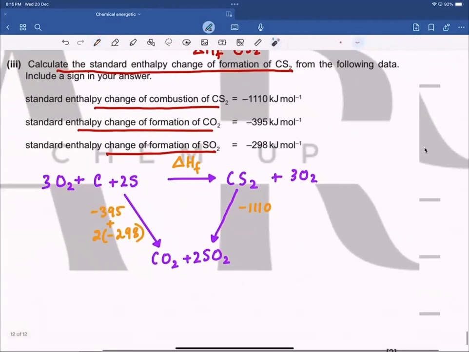The left one, very good, Amna. From these elements to carbon dioxide and sulfur dioxide is the direct route, and in the indirect route, they first turn into CS2 and then CS2 turns into carbon dioxide and sulfur dioxide. So this is the direct route and this is the indirect route. Is it clear now? Yes, sir. Yes, Kubra?